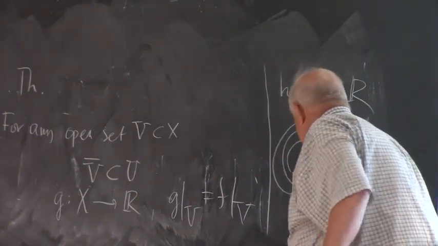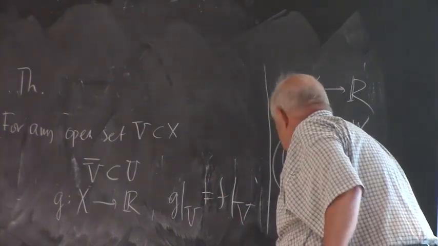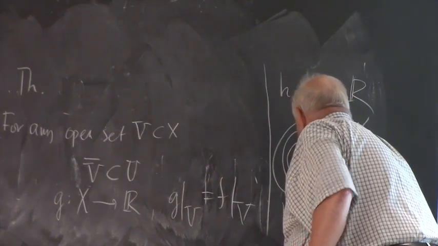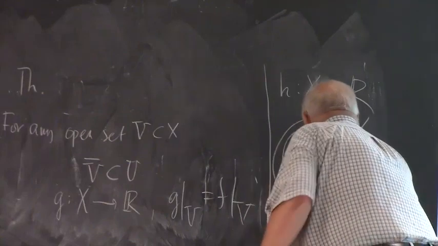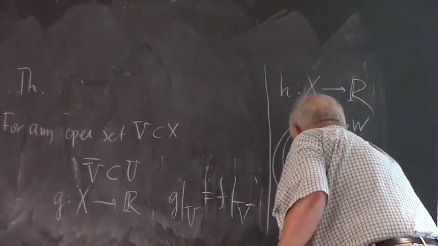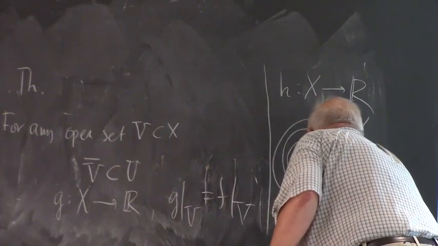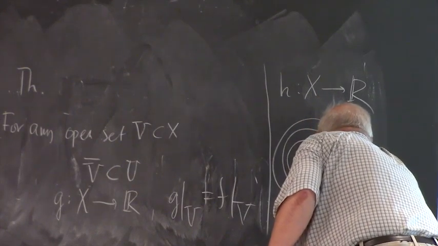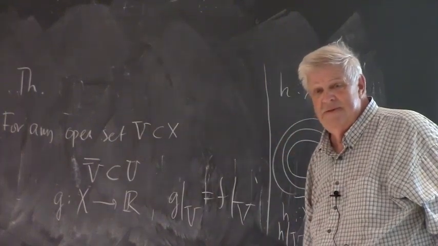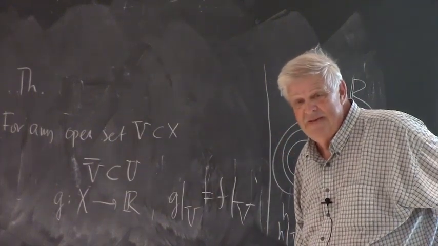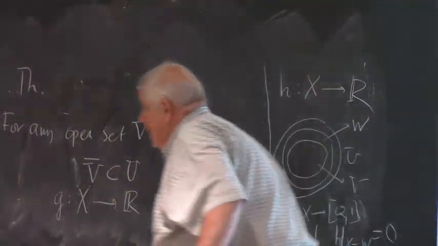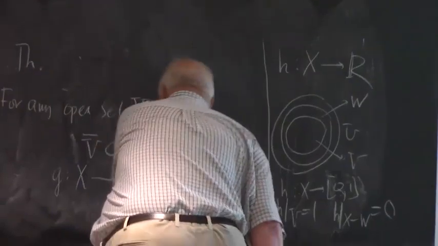And then we find a function h, X into R. Actually, h maps into [0, 1], but it's not important, which is 1 on V and 0 on the complement of W. And we know that's possible. I've just done it.